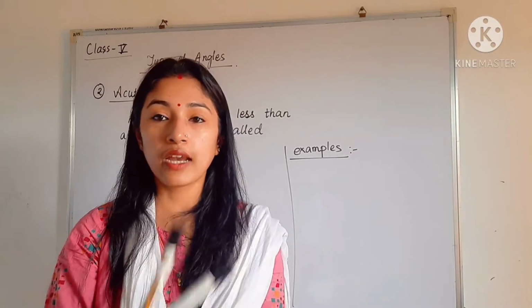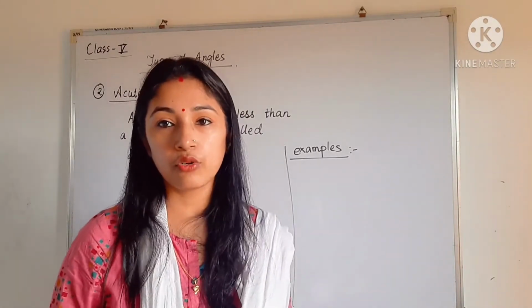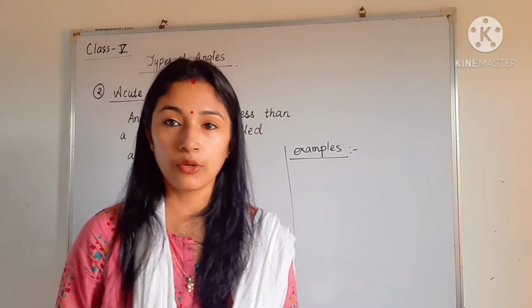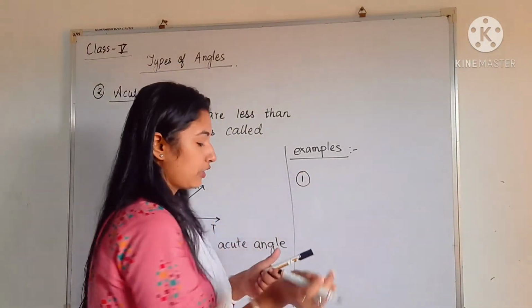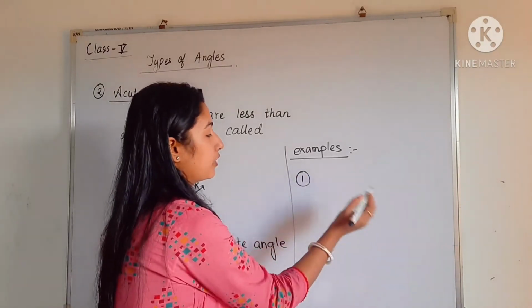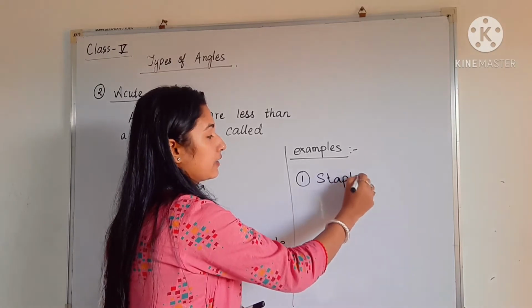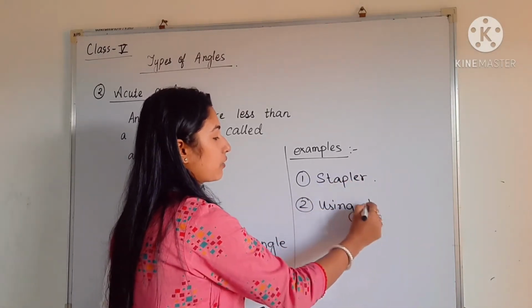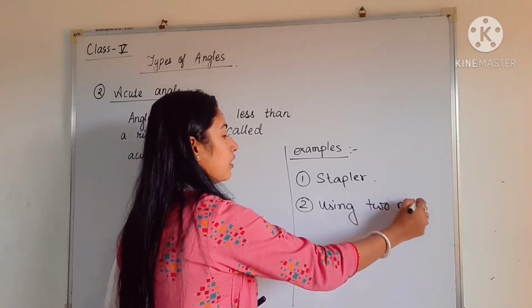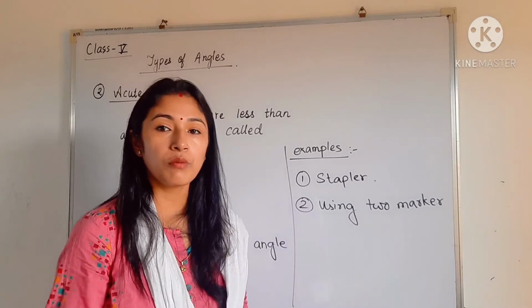So this is the second home assignment. You have to make a list of 6 objects around you which form an acute angle. I have given you the diagram and the examples of an acute angle. The first one is using a stapler and the second one using a marker pen. Using 2 marker pens we can make an acute angle, and you can also make a right angle.